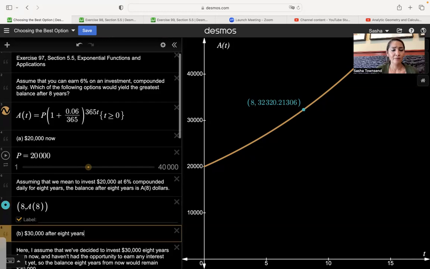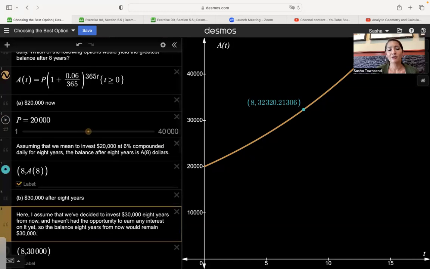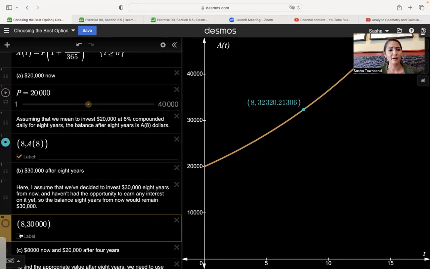So the point that I would plot for that is t equals 8 and $30,000, assuming that we're not earning any interest on it at all. So 8 years from now, you just deposit $30,000, and you still haven't had an opportunity to invest. So we can see already that between options A and B, option A is better because we have $32,000 8 years from now as opposed to the $30,000. And of course, it's associated with the larger y value when we graph them.